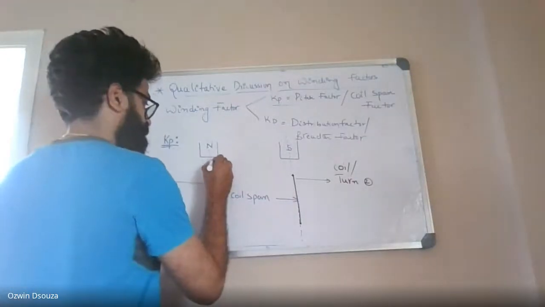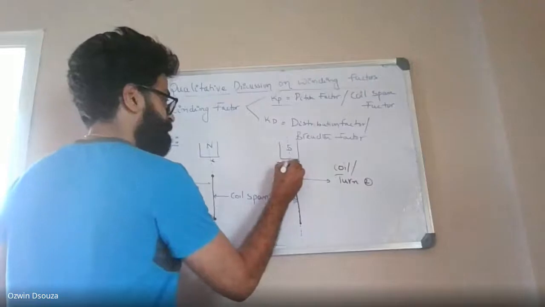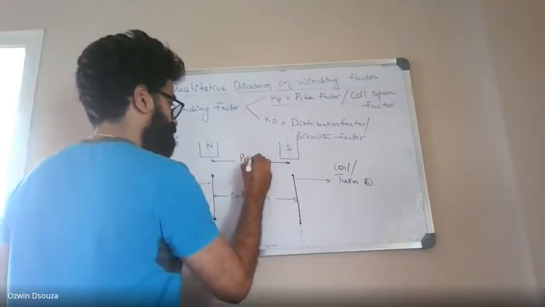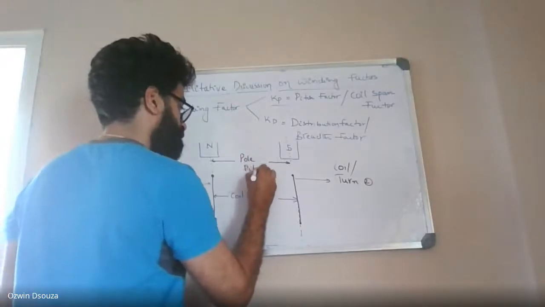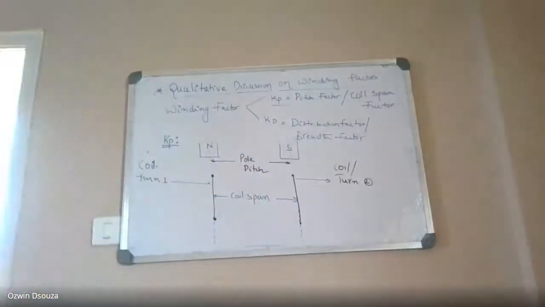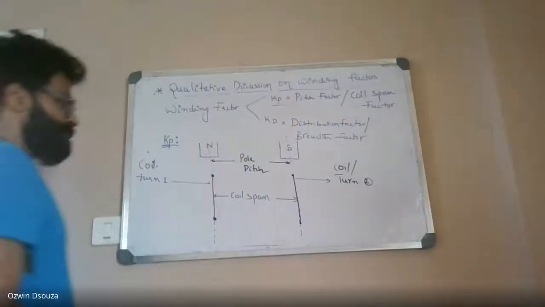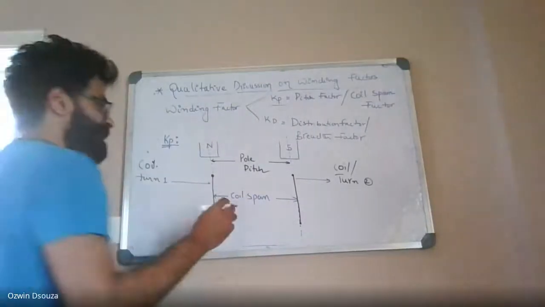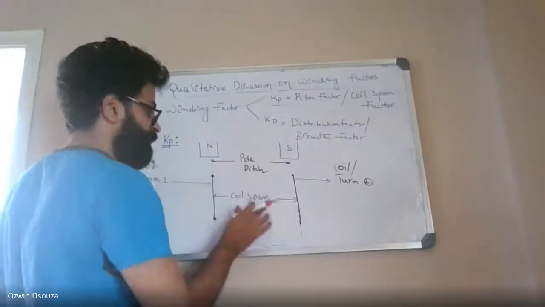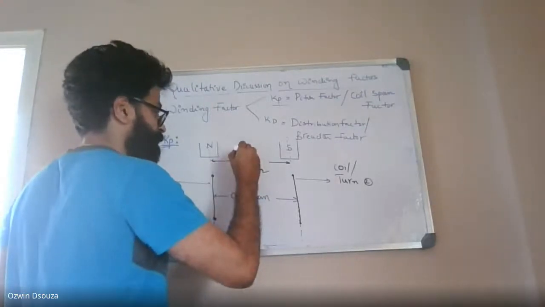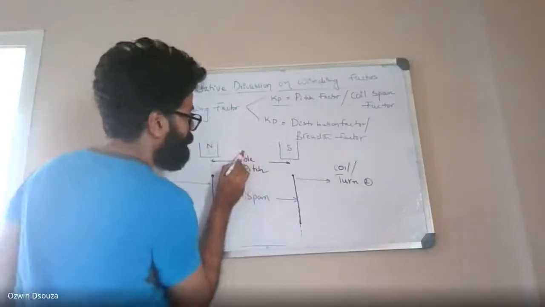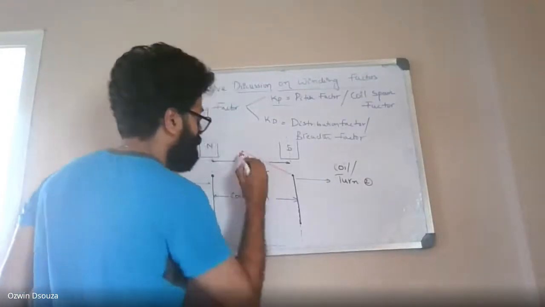And the distance between the centers of two poles is called the pole pitch. So for a full pitched winding, pole pitch is equal to coil span.